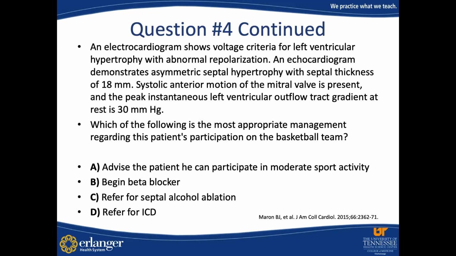But when you have obstruction, that anterior leaflet gets sucked up against the ventricle because it's so thick. So that's bad. So systolic anterior motion of the mitral valve is a classic sign for hypertrophic cardiomyopathy and should make you be worried about obstruction. And so then they do a peak instantaneous outflow tract gradient at rest of 30 millimeters of mercury.